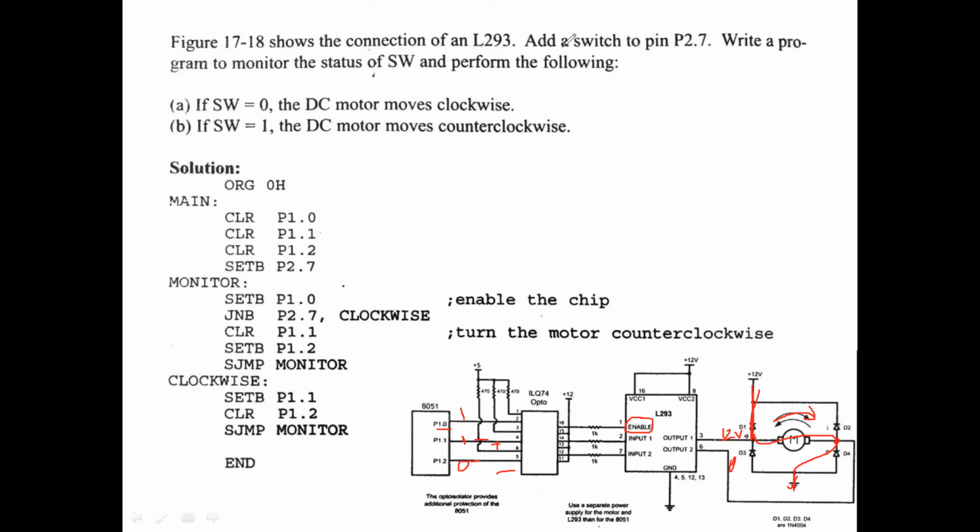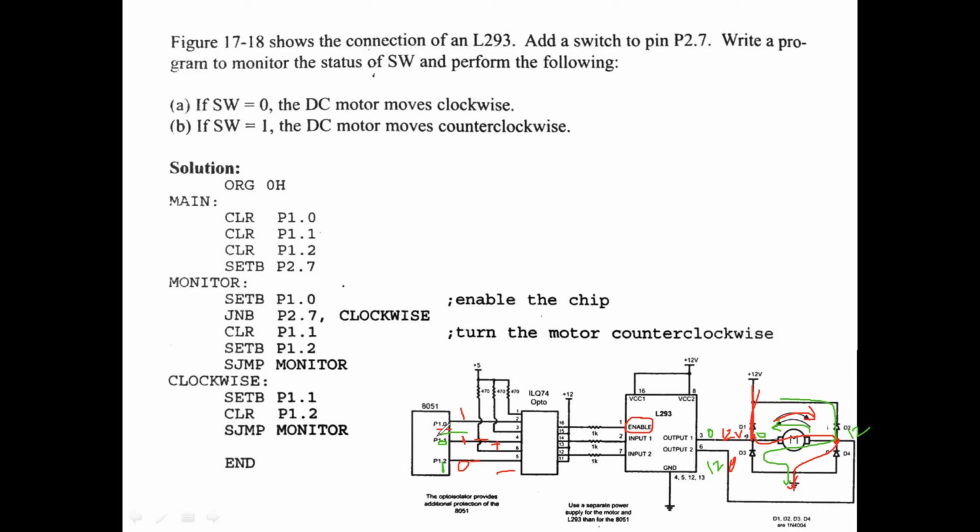Similarly, for the reverse direction, in this particular pin you provide 0, reversing the polarity, 0, 1. So it is going to be 0 here and 12 here. Now the connection is going to be like this, this will be forward biased and it will route in this way, so that the motor will rotate in the anti-clockwise direction.